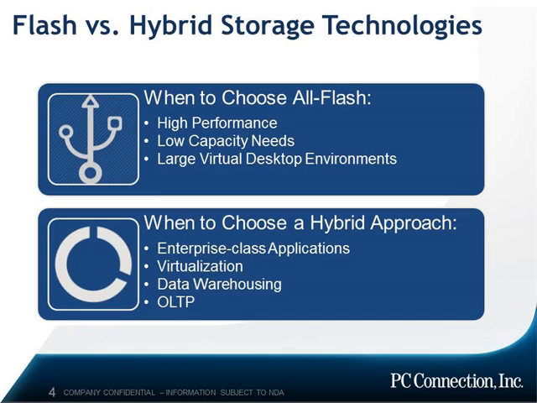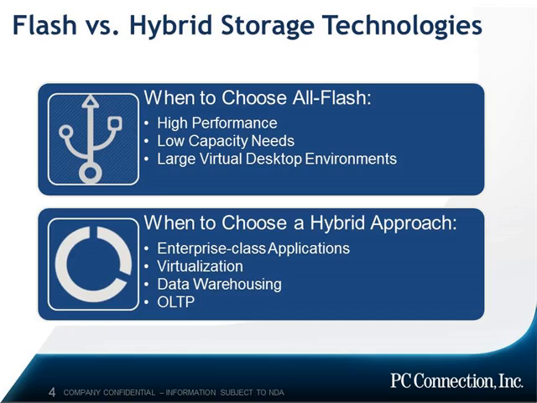Now, as flash technology has matured, some organizations say all flash is correct for them. Can you give us a workload scenario where all flash makes the most sense? All flash is a great fit for any environment that requires extremely high performance levels but does not have very high capacity needs. A good example would be large virtual desktop environments.